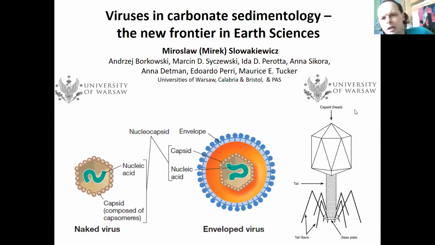If we have a fully developed virion, I will introduce this term in the next slide, the capsid is connected with a tail and tail fibers, and you will see what these two features are used for by a virus on the next slide.